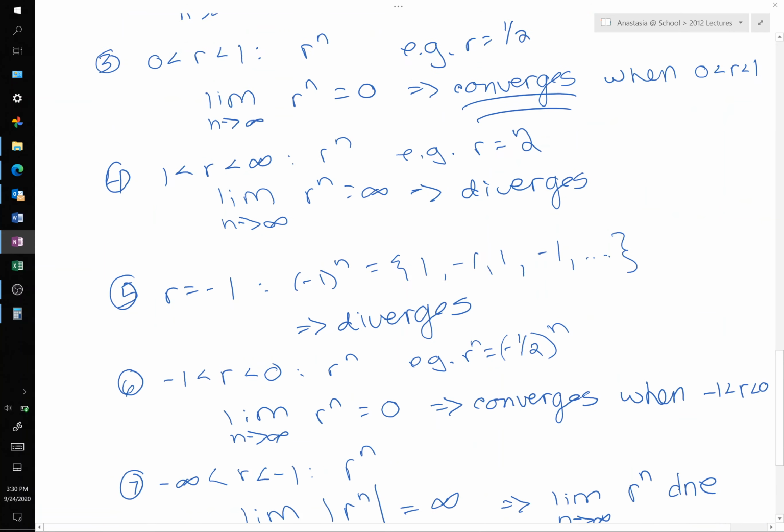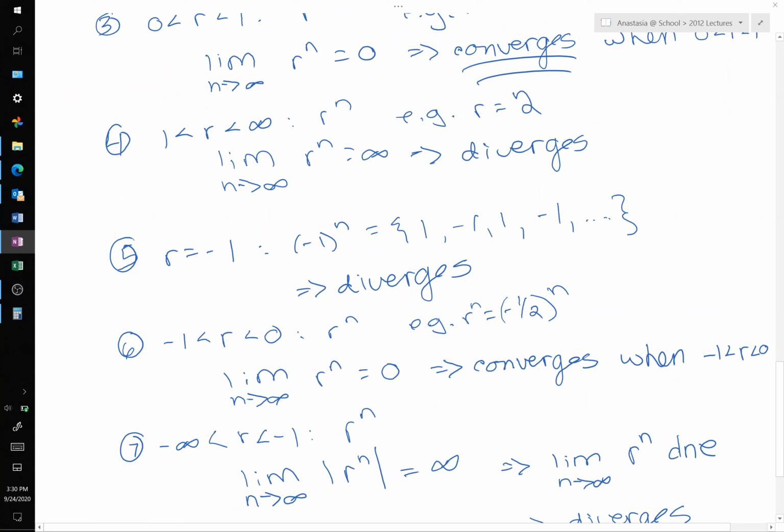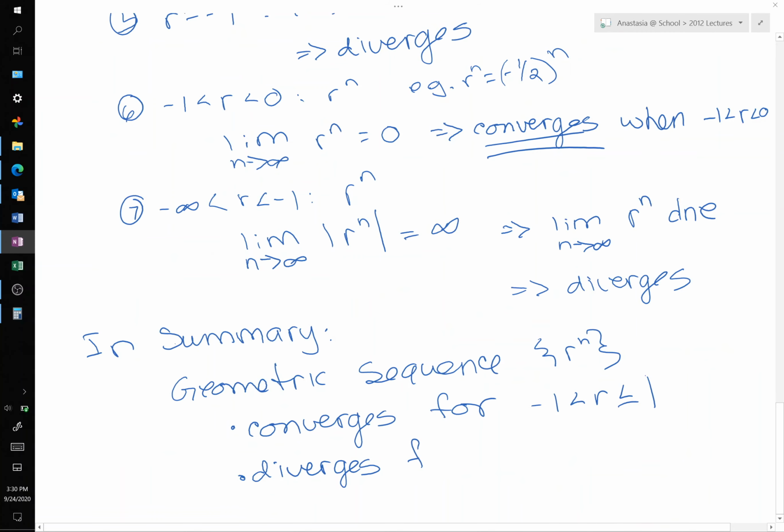It also converges when r is between -1 and 0, but it diverges everywhere else. So we get -1 < r ≤ 1. And it diverges for r less than or equal to -1, and r strictly bigger than 1. So this is the result that you can remember.